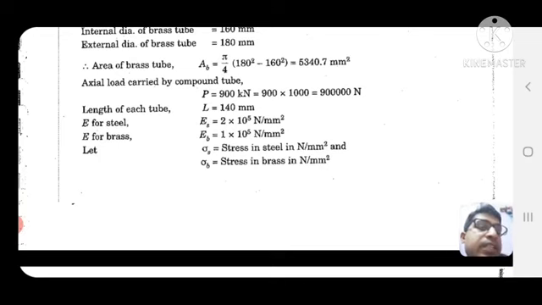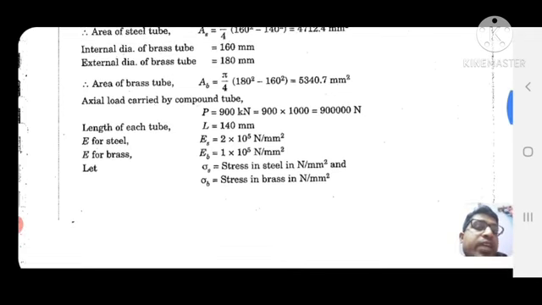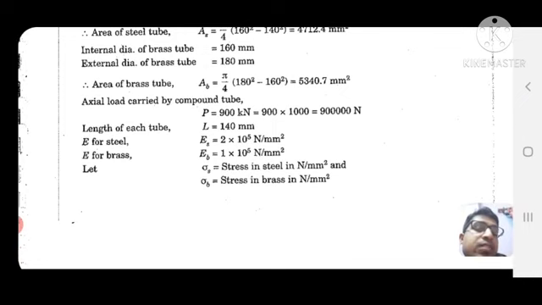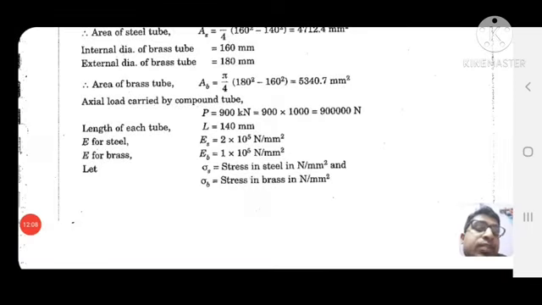So 900 into 1000 Newton. Length of each tube L is equal to 140 millimeter. And E for steel, that is ES, is equal to 2 times 10 to the power 5 Newton per millimeter square, and E for brass 1 times 10 to the power 5 Newton per millimeter square.